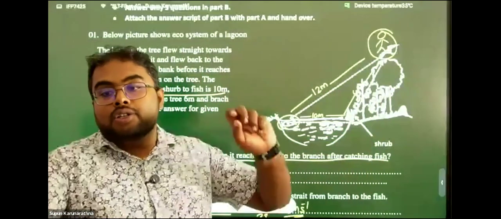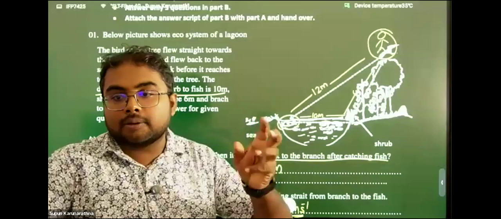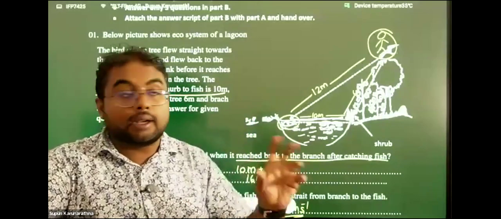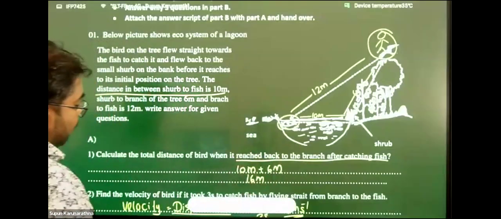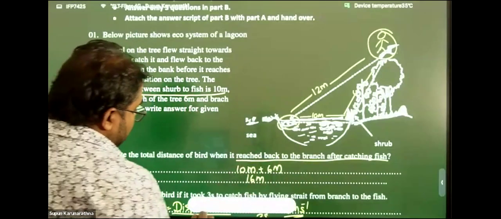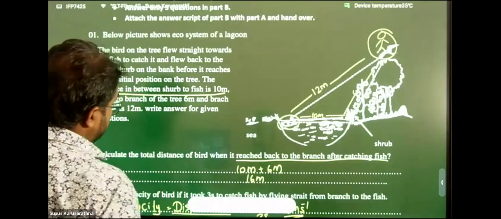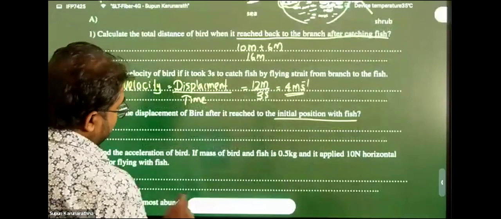Then what is the shortest distance between the starting point and end point? It is 0. Therefore, in the question, the displacement is 0.